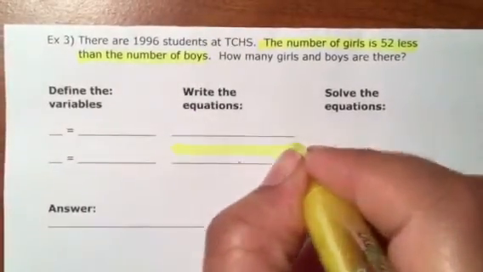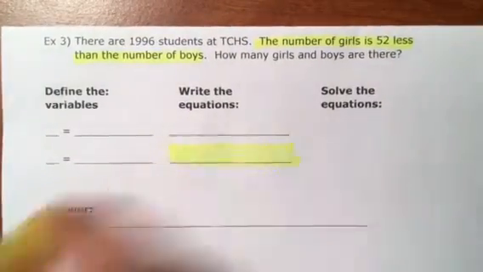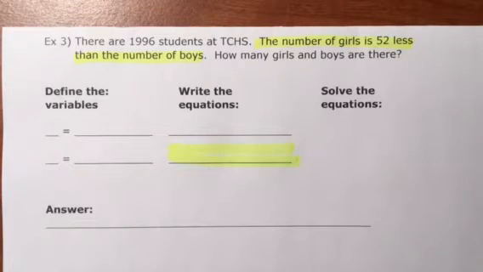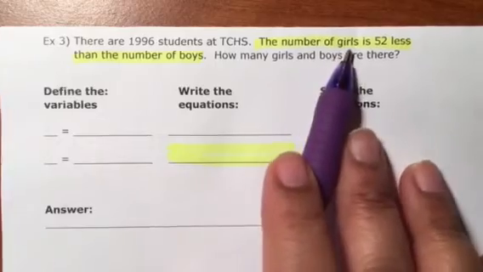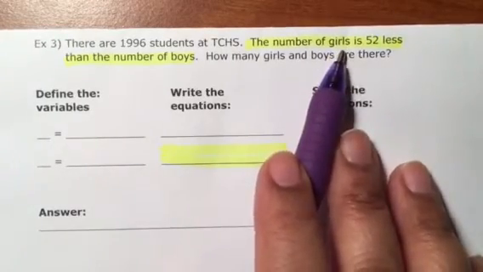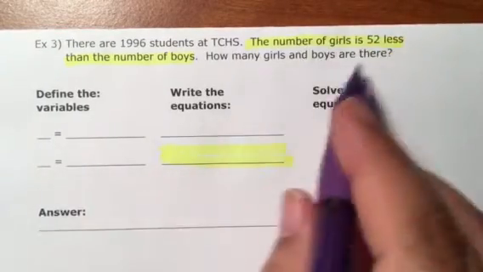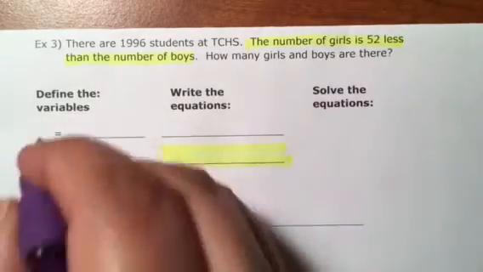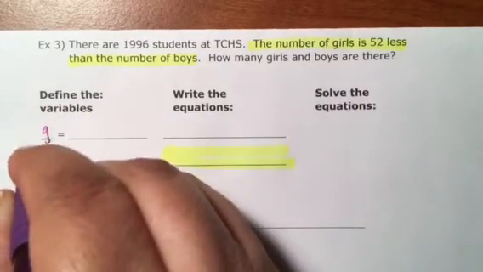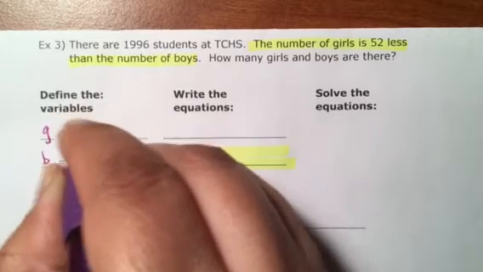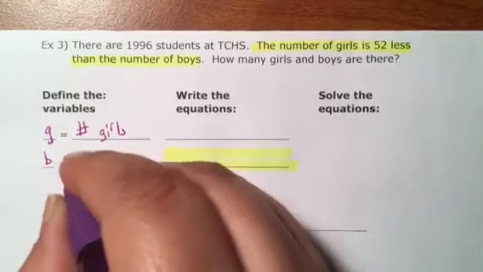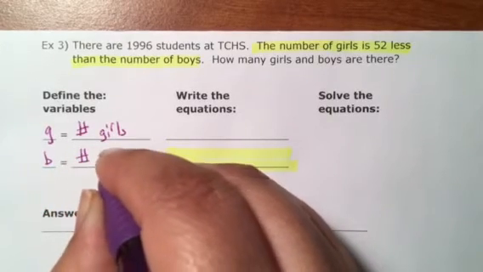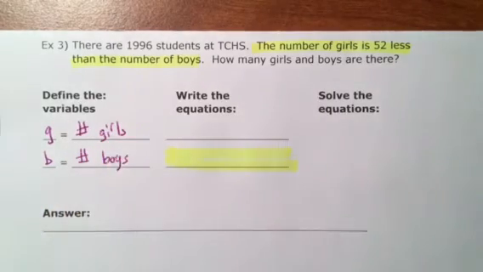I'm not sure why, but I went with the second sentence first, because this is where you guys tend to mess up if you mess up. So this says the number of girls. We're just going to use G and B. I don't feel like writing the word of, but you can if you want to. So the number of girls, number of boys.